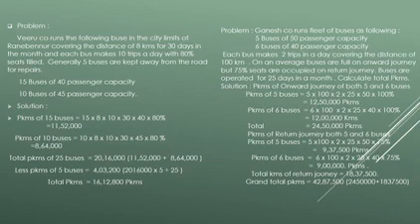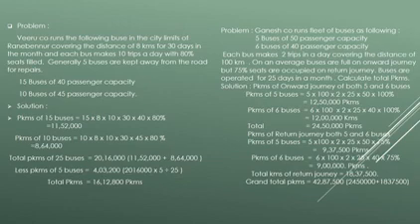So passenger kilometers of 15 buses: as I already told you, passenger kilometer is equal to number of buses into distance into trips into days into capacity into percentage carried.